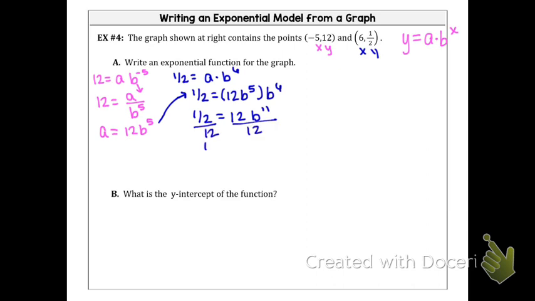So we can divide by 12. And then to get rid of the 11th as an exponent, we can take the 11th root, and we can actually do that in our calculators. So if you type on your calculator 11, and then go to math, you'll see the x root button.